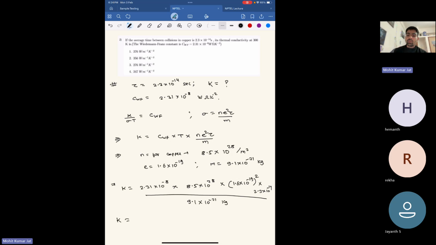If you solve all these, the answer will come out to be roughly 380 per meter Kelvin minus 2. So this is what it will be, and that gives me the correct answer to be 376, which is the closest one.